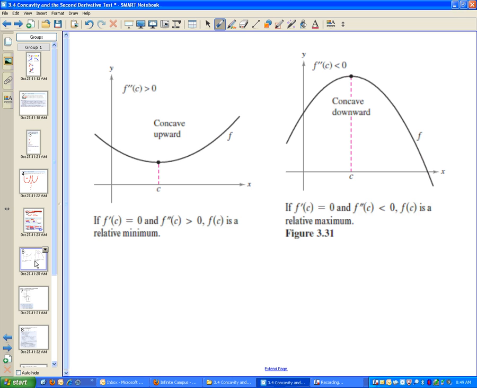So if we look here, we have a function that's concave upward. I want to do something different with this. f is concave up. What's that mean about f prime? Increasing or decreasing? Increasing. And what's that mean about f double prime?